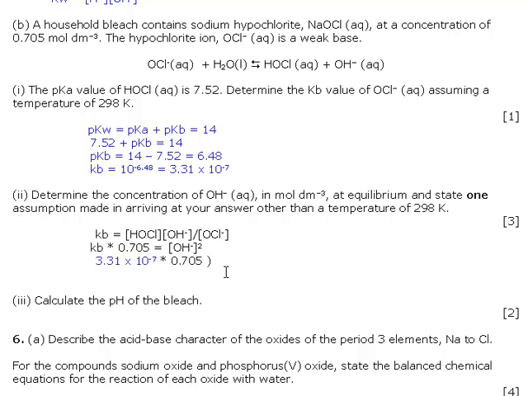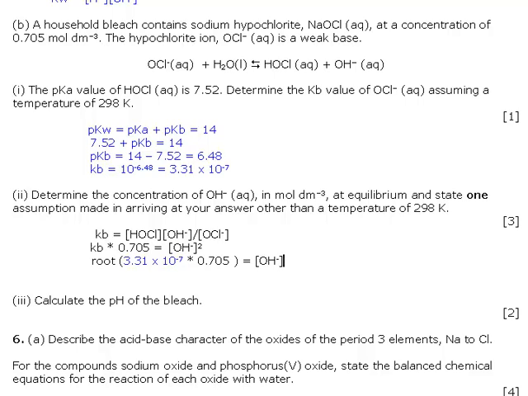So the square root of all of this is going to equal the OH minus ion concentration.